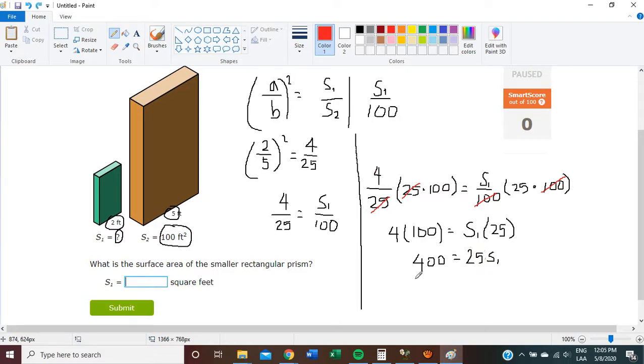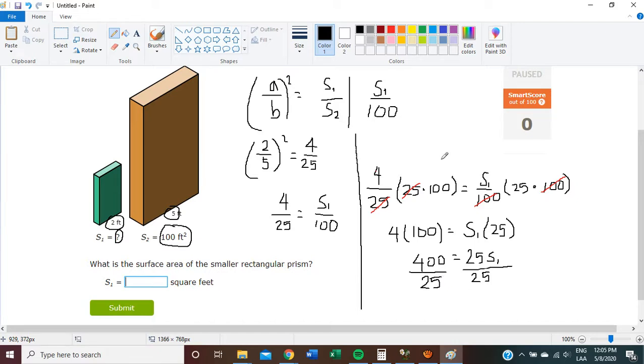Or in the American way, if you want to get rid of 25, you have to divide all of this by 25, but the condition is that you have to divide the other side of the equation by the same number, 25. The result is going to be the same.